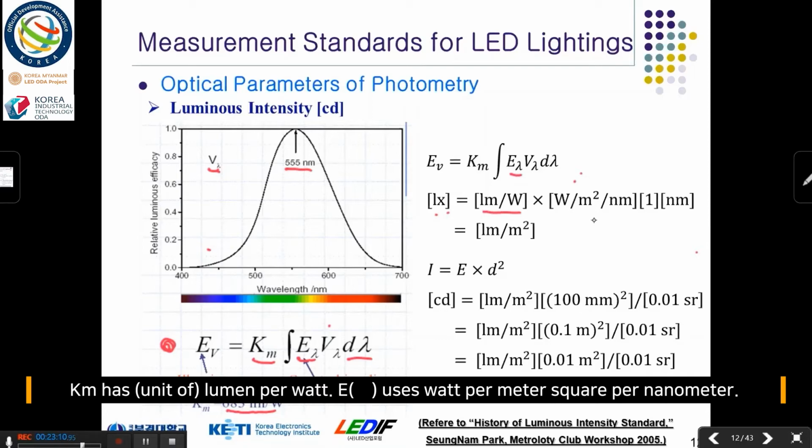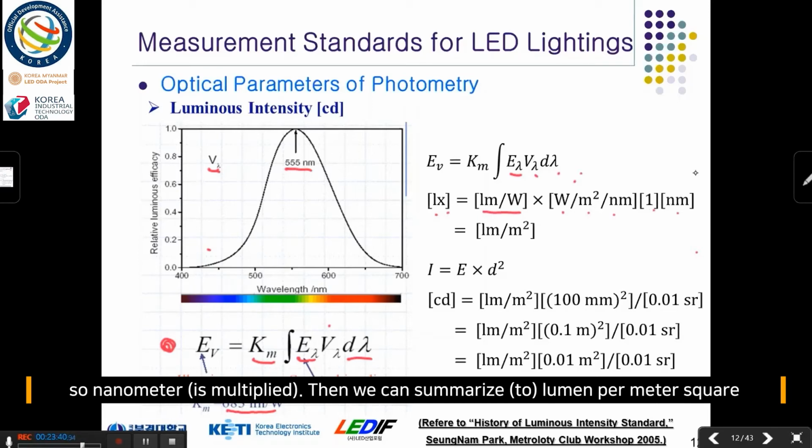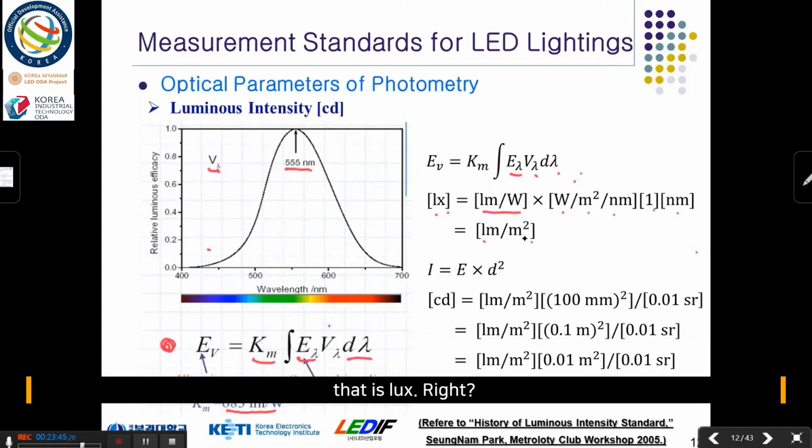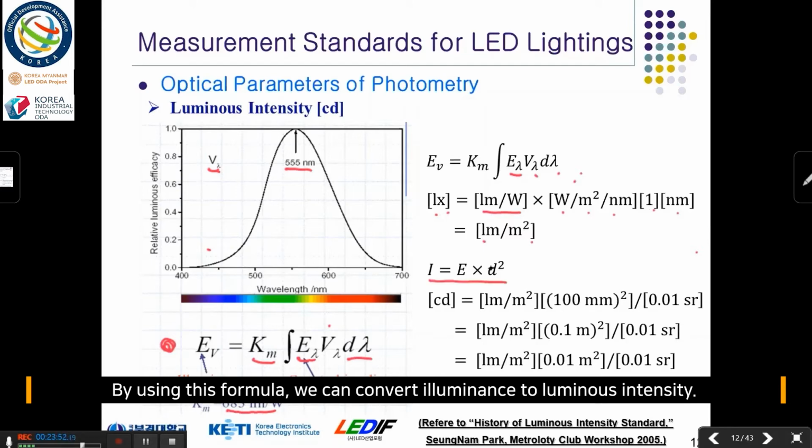E lambda, spectral irradiance, uses watt per meter square per nanometer. Because V lambda has relative values, it has no unit. Integrating by lambda, so nanometer. Then we can summarize lumen per meter square. That is lux, right? By using this formula, we can convert illuminance to luminous intensity.